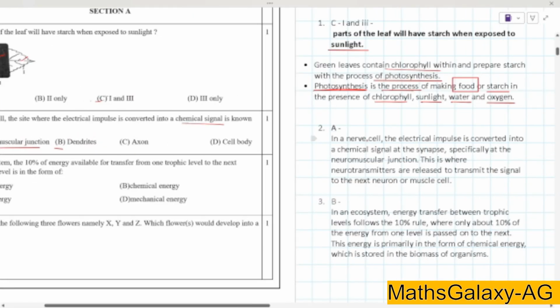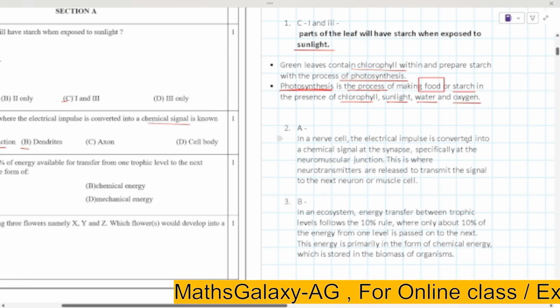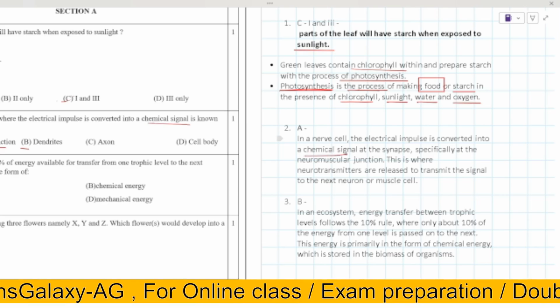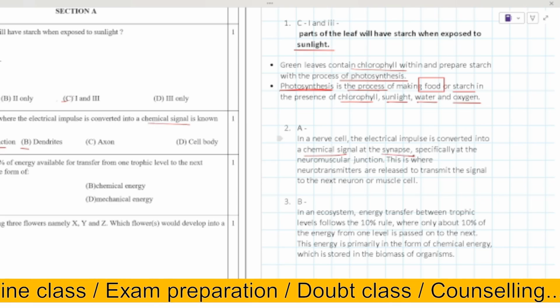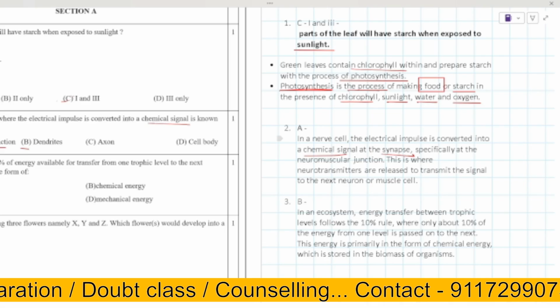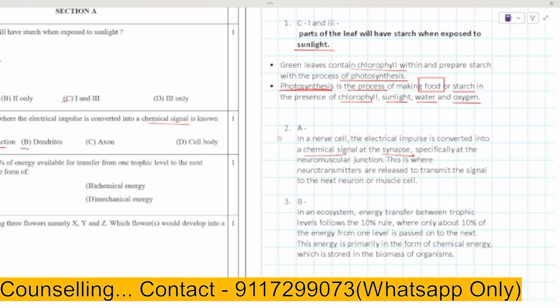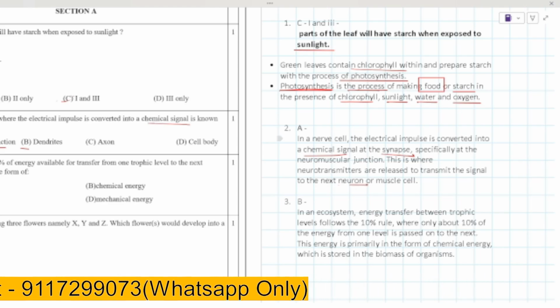Now let's see the explanation. In the nerve cell, the electrical signal is converted into a chemical signal at the synapse, meaning the gap. The gap is also known as a synapse, specifically at the neuromuscular junction. This is where neurotransmitters are released to transmit the signal to the next neuron or muscle, right?